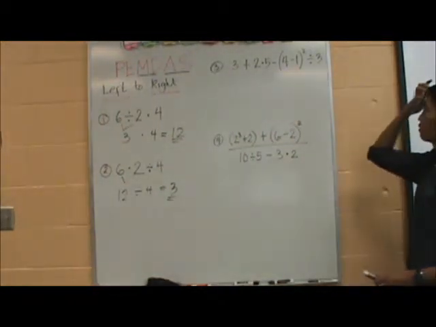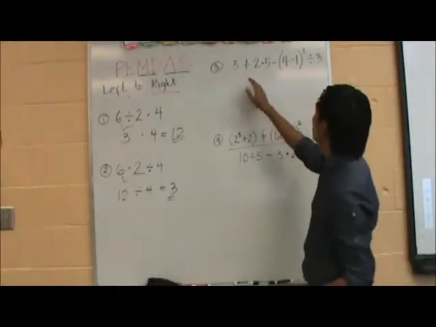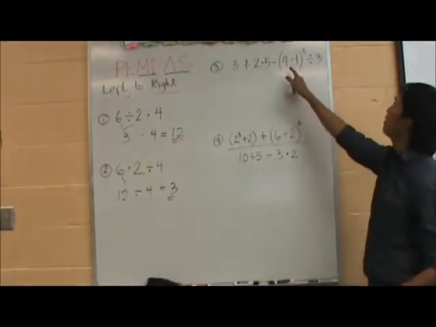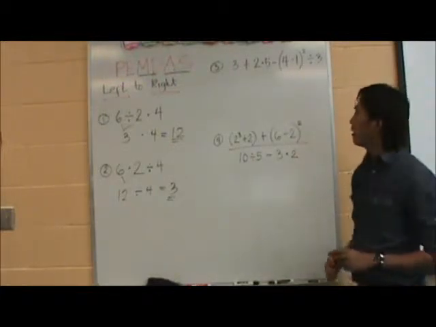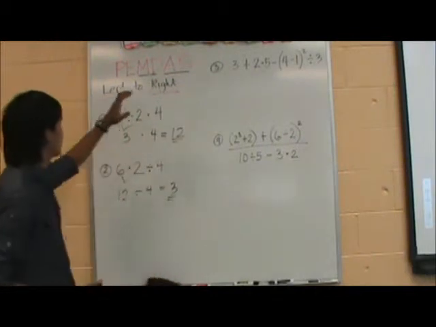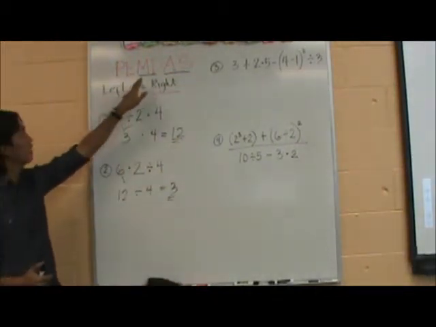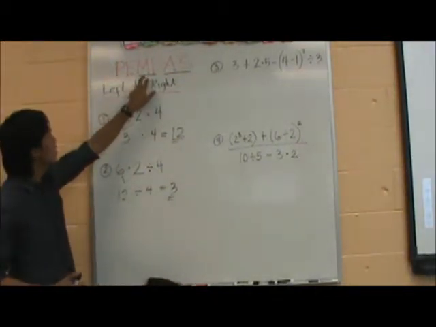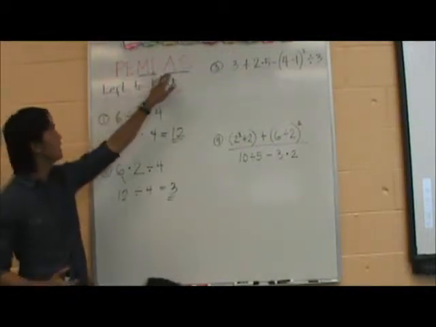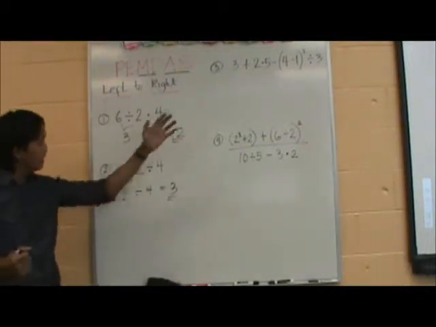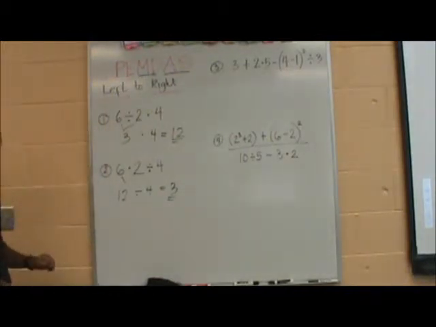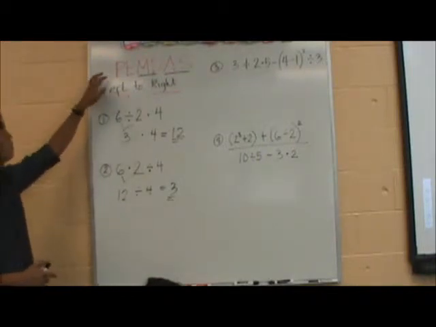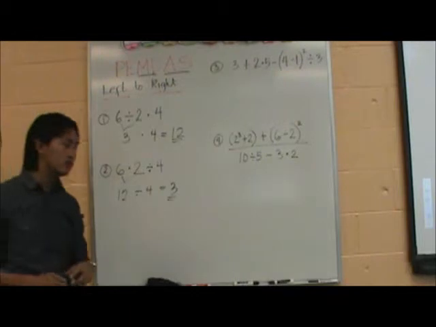And now for number 3, we have 3 plus 2 times 5 minus parentheses 4 minus 1 to the second power divided by 3. Here we really need to pay attention to the sequence. Again, forget about the sequence between multiplication, division, and addition and subtraction, because we're going to talk about that later, which is similar to the concept in 1 and 2. For number 3, we have to start from the parentheses first.